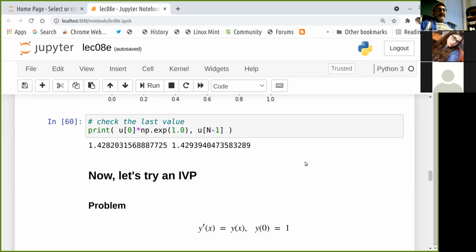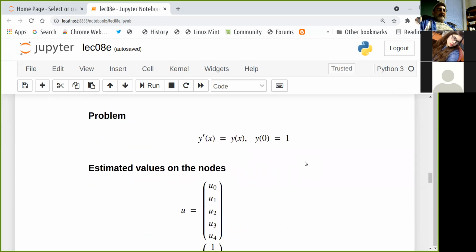Think back to your differential equations course. The first problem that we did had no condition, so it had infinitely many solutions. With the condition, it should have only one unique solution. Yeah, one unique solution. Okay.